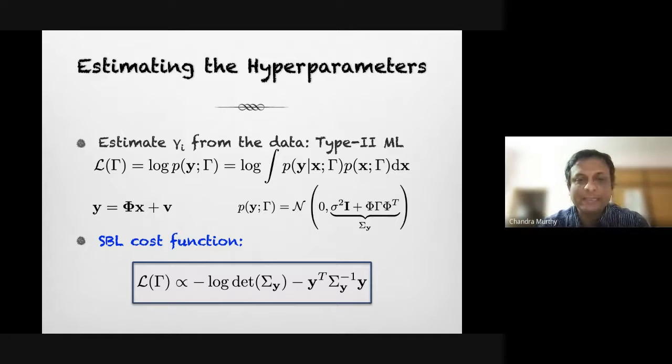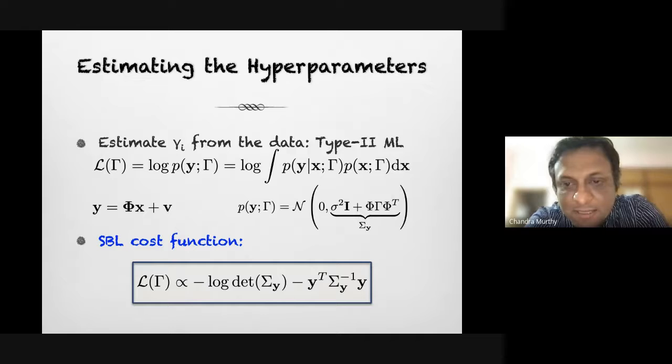And so in finding the maximum likelihood estimate of gamma, what you want to do is to maximize this log of the PDF of Y parameterized by gamma. If I write this matrix sigma squared I plus phi gamma phi transpose as sigma Y, then this L of gamma, which is log P of Y parameterized by gamma, is proportional to, remember that the PDF of Y will have a determinant of this covariance matrix.